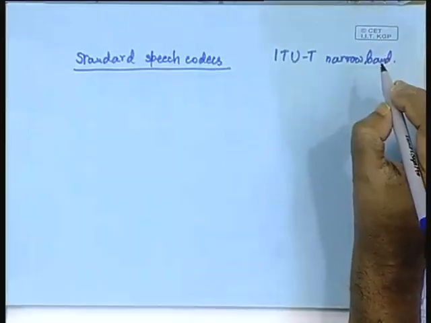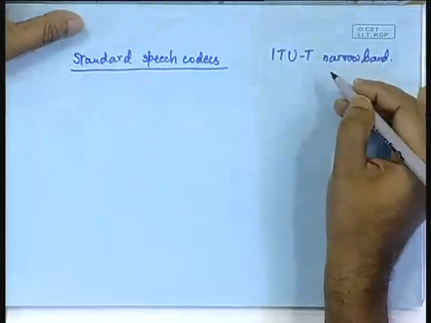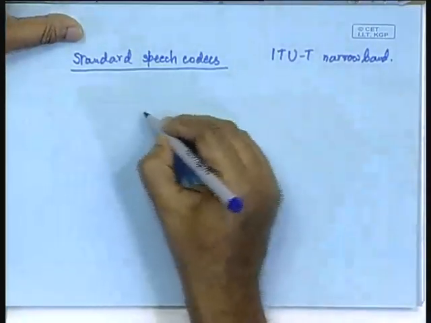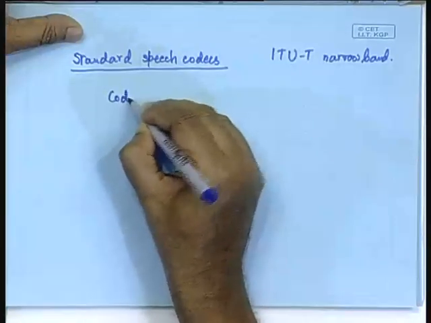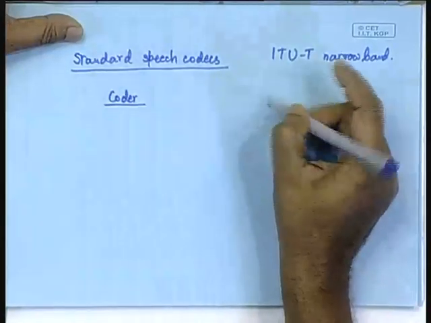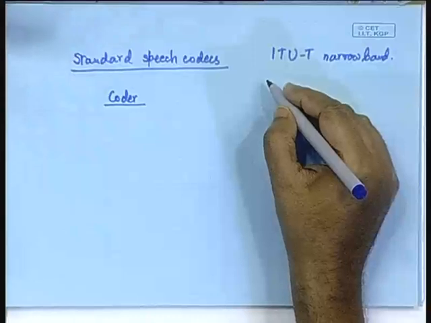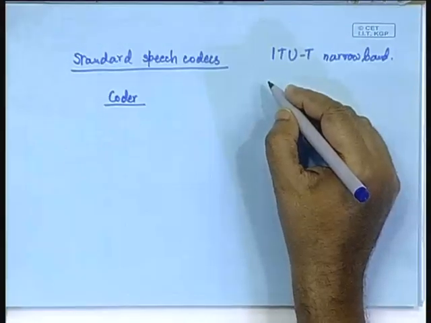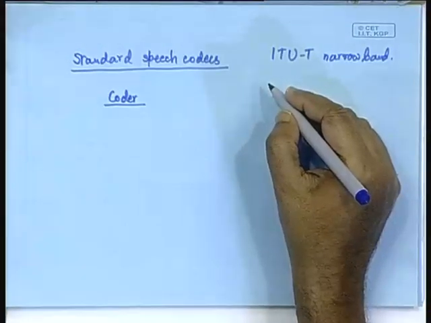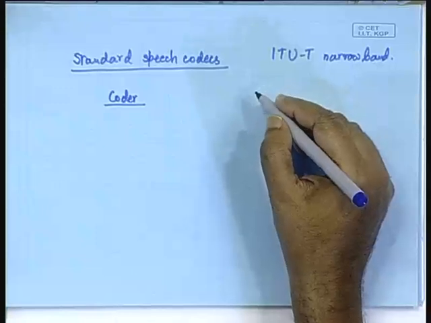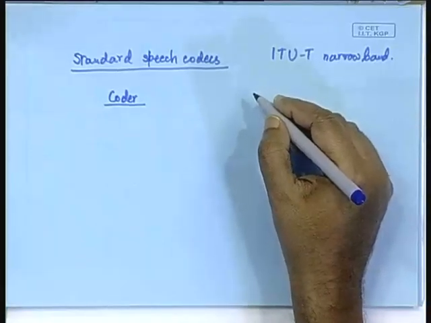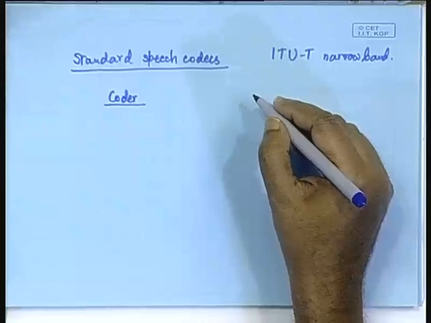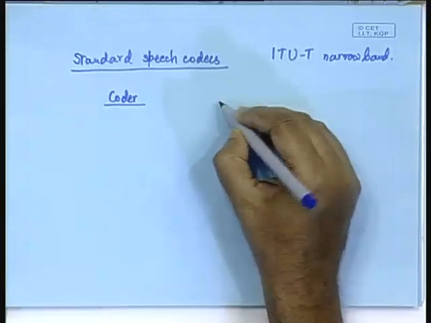Now, we begin with the oldest speech codec. Here we just list the name of the coder, the standard number that is assigned, because every standard coder has a type number associated with it.